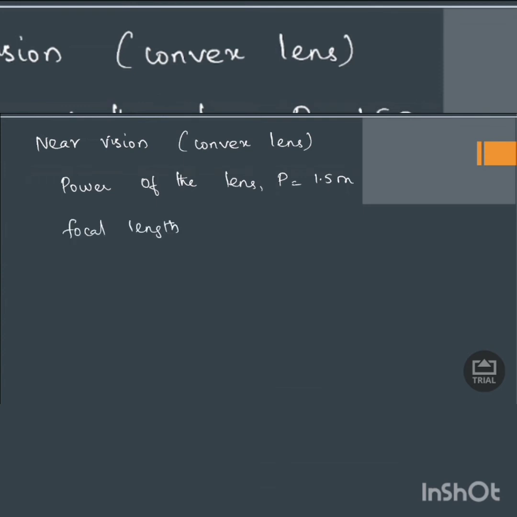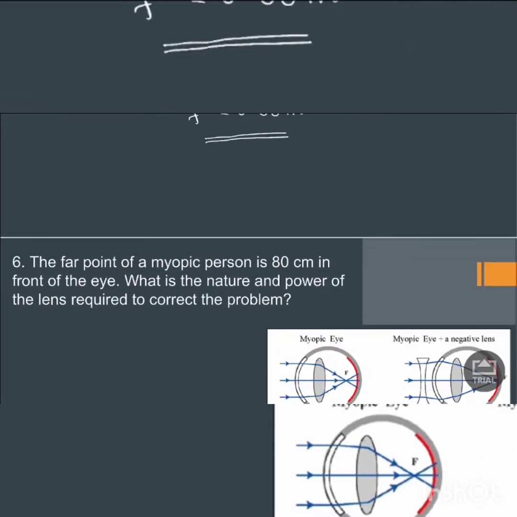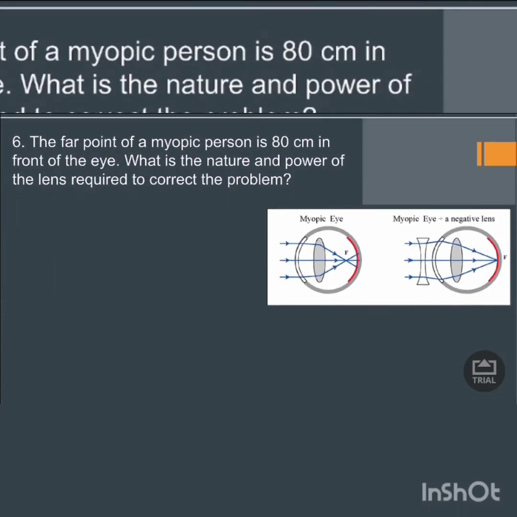The focal length f is calculated as 1 by P, which is 1 by 1.5, equal to 0.66 meters. So a convex lens of focal length 0.66 meters should be used to correct the hypermetropia or the near vision defect.